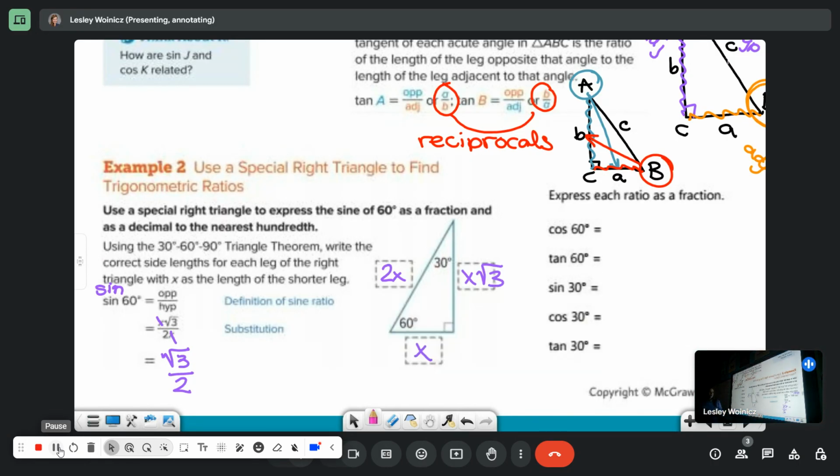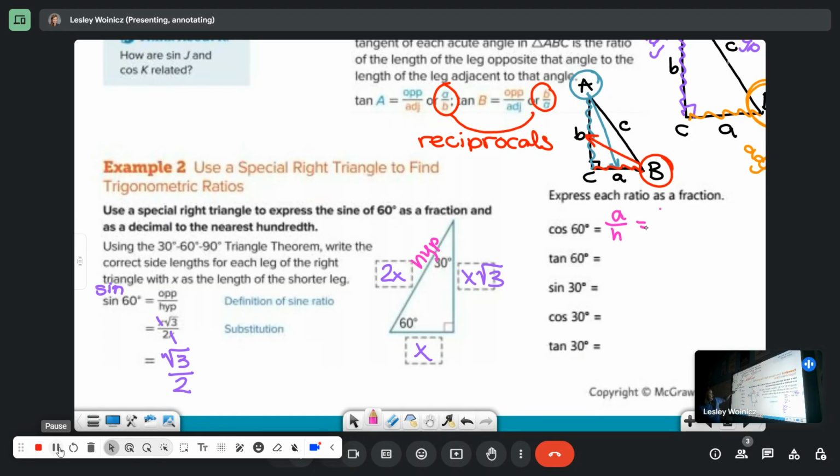All right, what about cosine of 60? Well, the hypotenuse is still the hypotenuse. Cosine is adjacent over hypotenuse. So the adjacent side for 60 degrees is not x root 3, it's just this cute little x, the short leg, right?